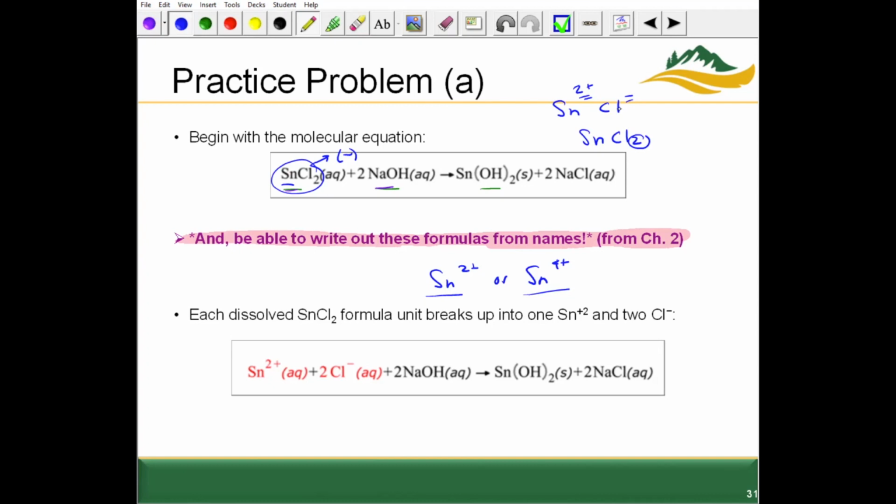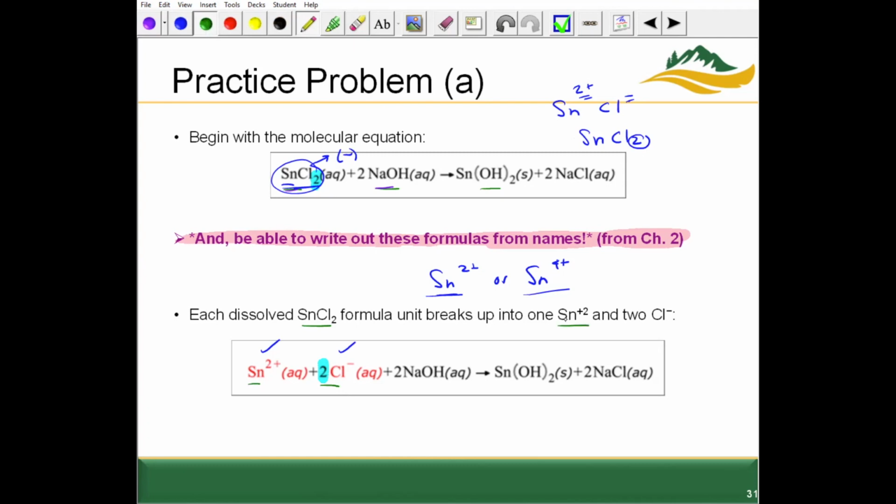And predictably, chloride is always going to be a -1 anion as a halogen. So from this formula, we have tin 2+ and Cl-. Really importantly though, to make this balanced, there are 2 Cl's here, so we do have to include 2 as the molar coefficient there. Now we've broken up SnCl2 into its respective ions.